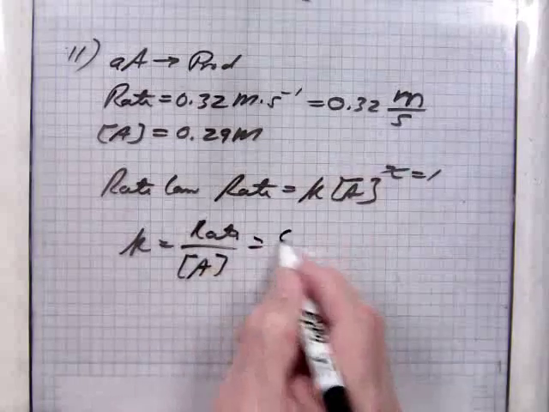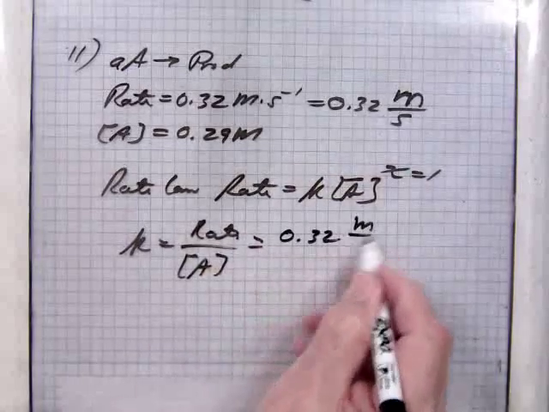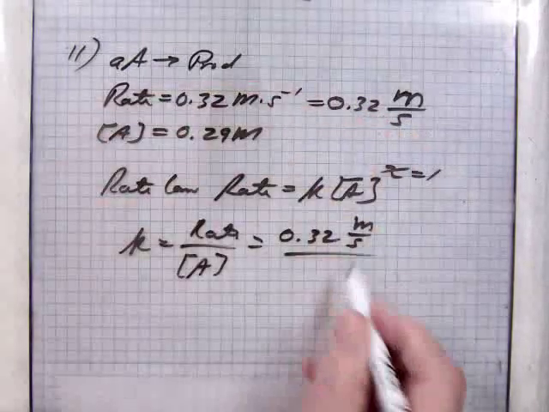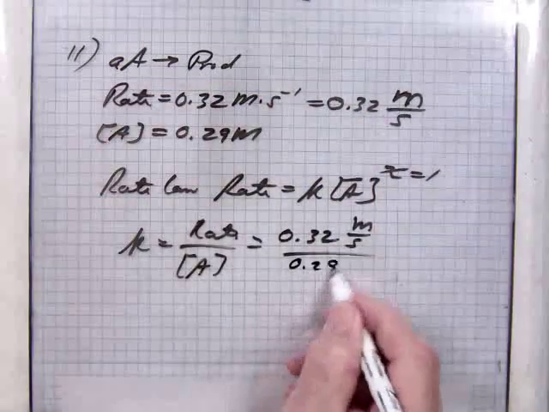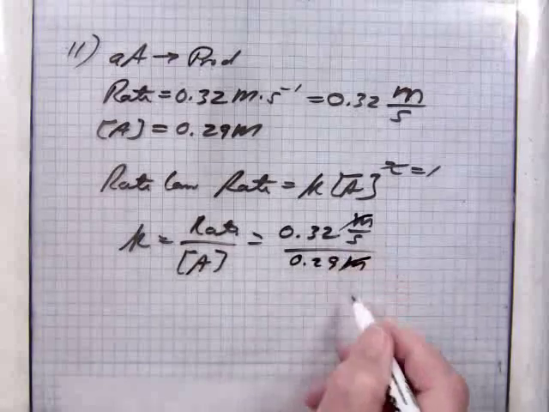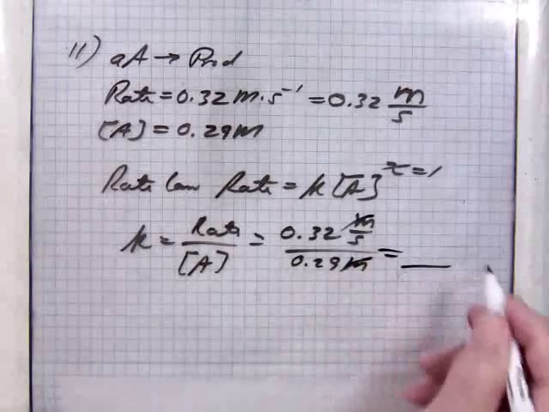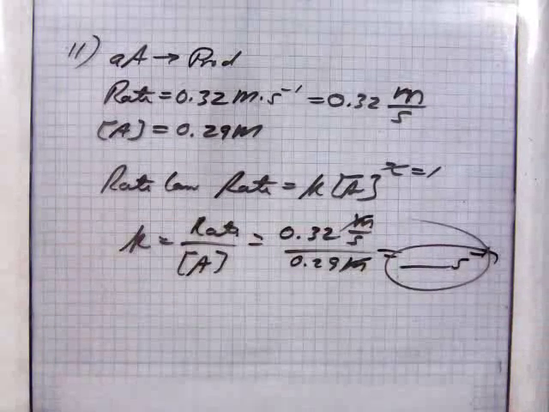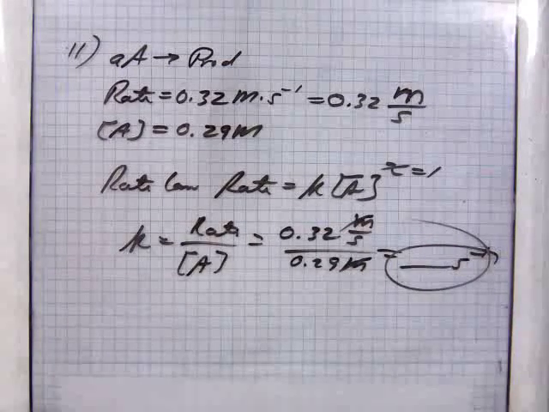Rate was given 0.32 molar per second, and A was given 0.29 molar. Molars drop out, and so whatever that comes out to be is in seconds to the minus 1. All of your K values are going to come out in reciprocal seconds in these first order type reactions.